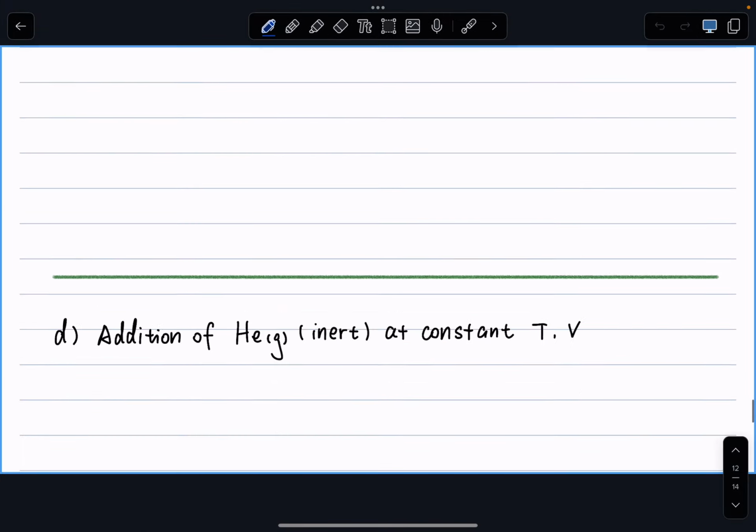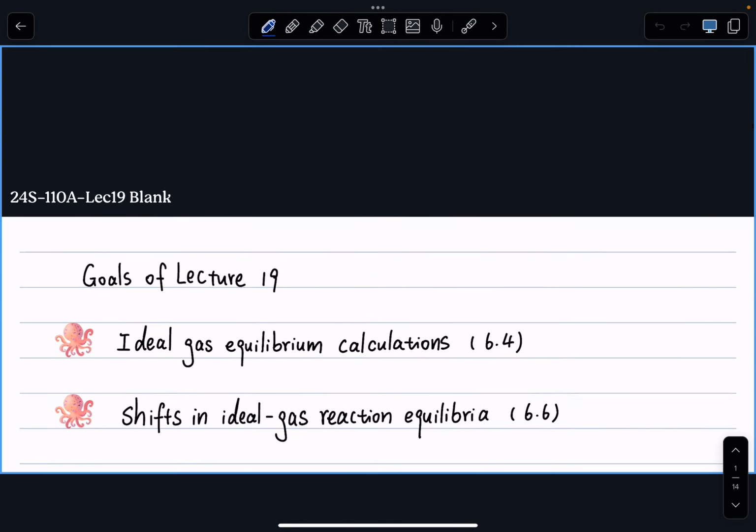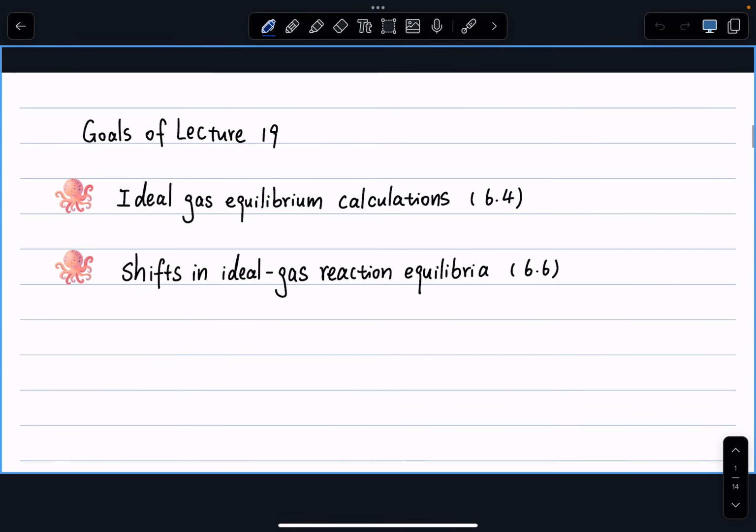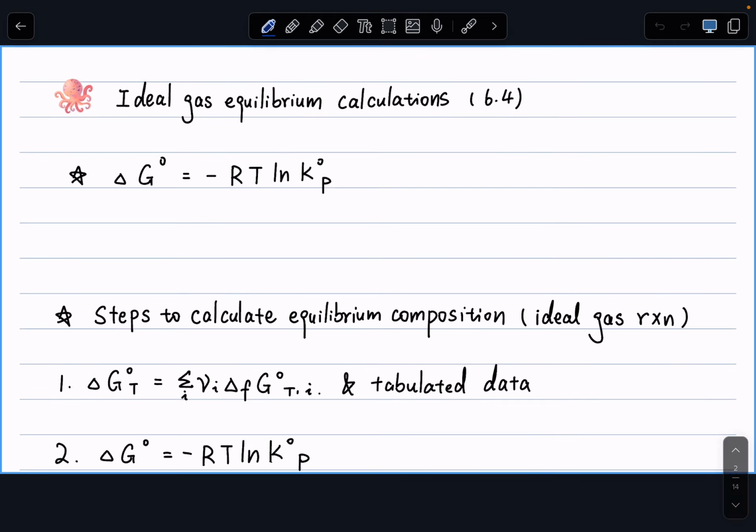Lecture 19. That's where your handout is, and if you have one with you, we'll do one mock example question together. But before we do that, I want to go over the problem-solving steps for ideal gas equilibrium calculations. The whole point of chapter 6.4 is application.